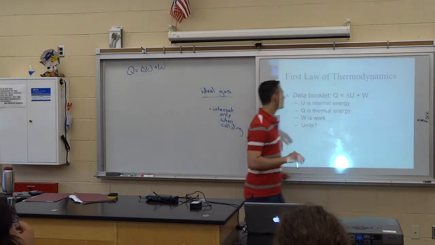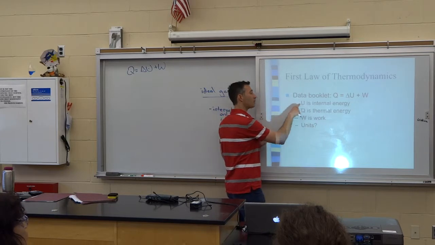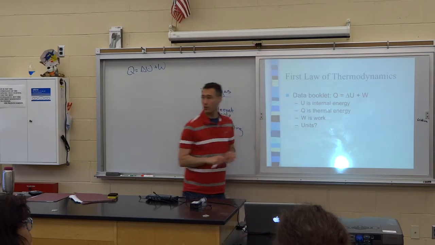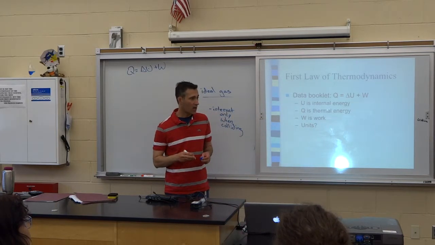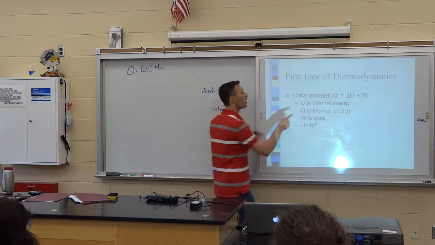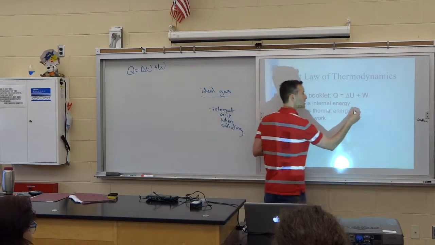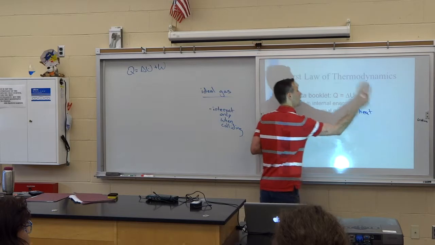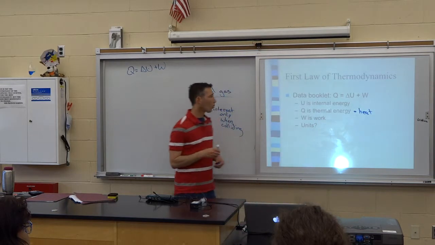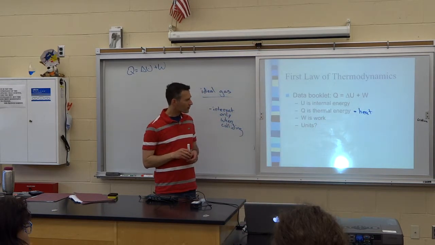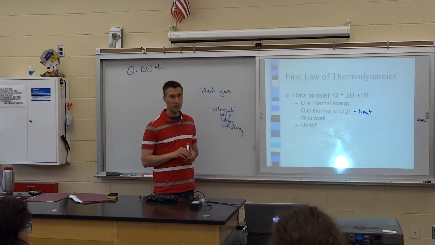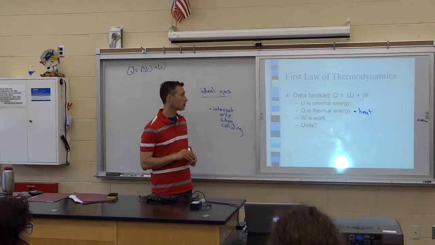So I think we already said all of this, but the capital U is the symbol for internal energy. We talked about internal energy in topic 3, but we never had a symbol for it. Q is our thermal energy, which is synonymous with heat. And W obviously is our work. What's the unit for all those things? Joules. All energies are measured in joules, work is measured in joules also.